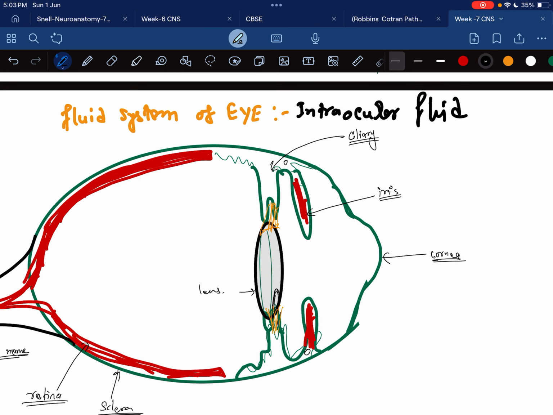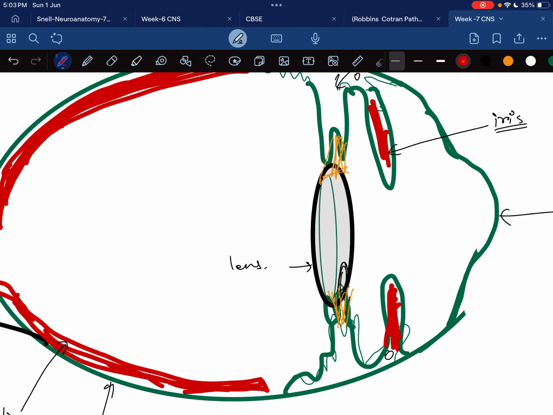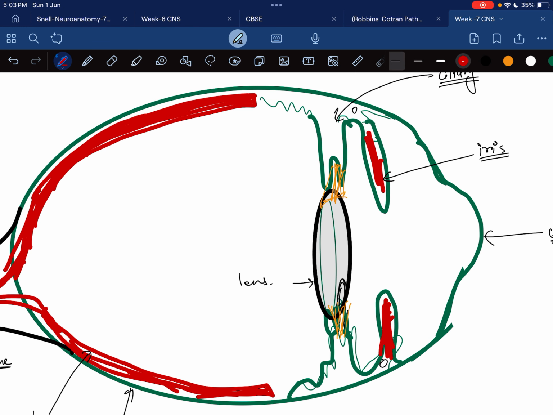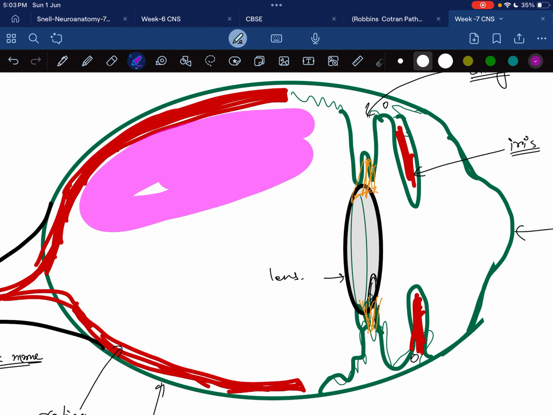I am going to only explain how our intraocular fluid, the vitreous humor and aqueous humor, is maintained. First we discuss the vitreous humor, which is behind the lens. In between the lens and the retina, there is a fluid.